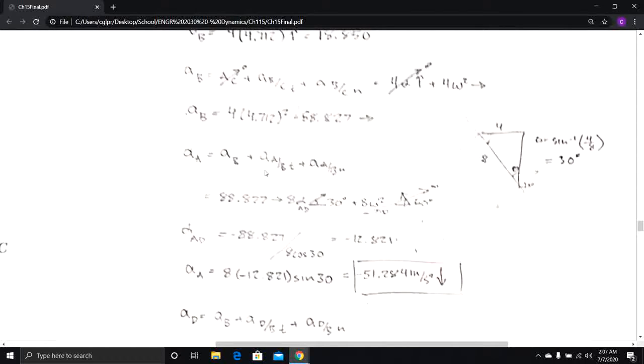My r in this case is going to be 8, but it's going to be broken down into its tangential and normal components, which is why I want to use the cosine of 30 here for the I components.